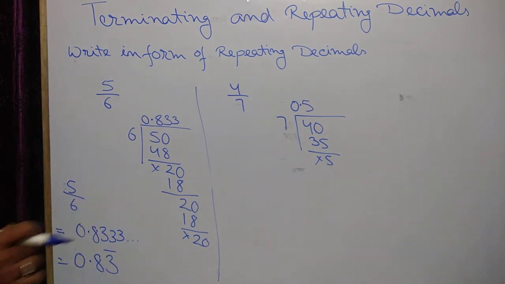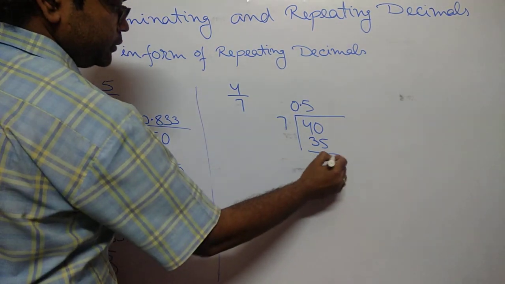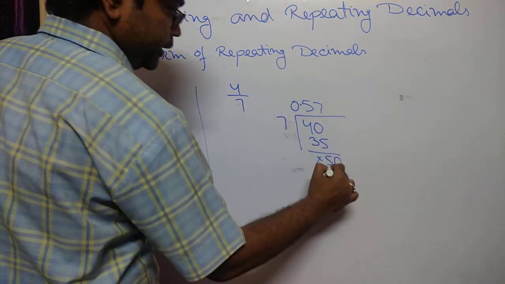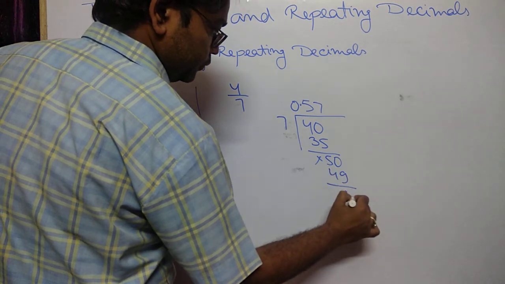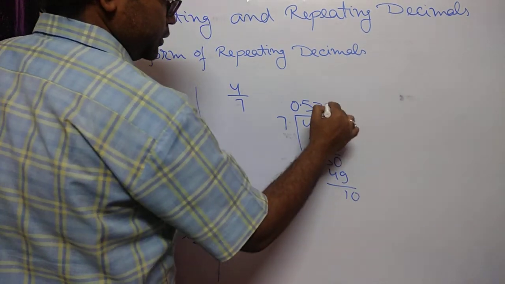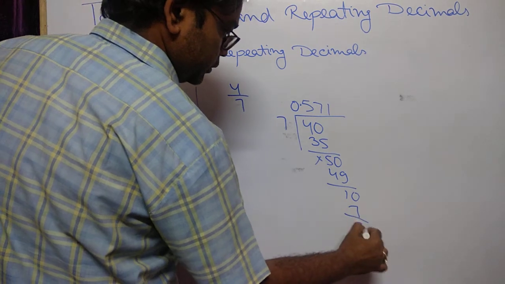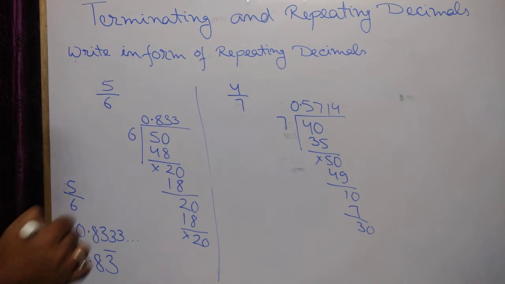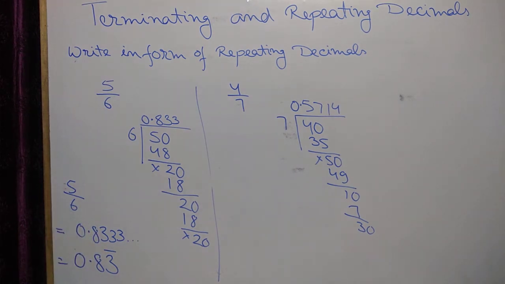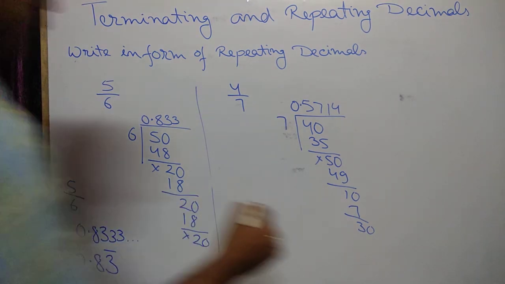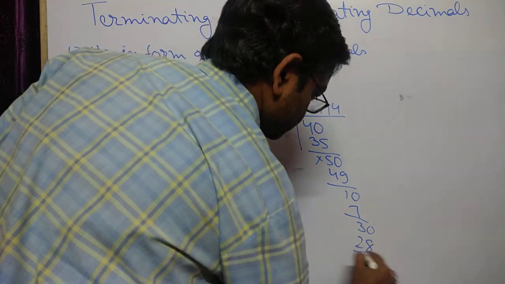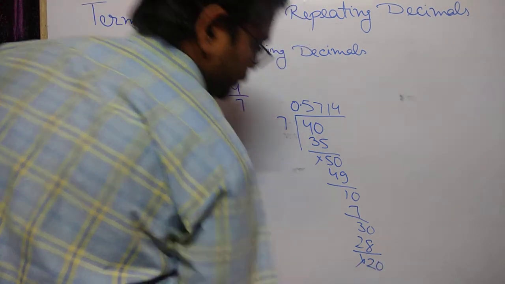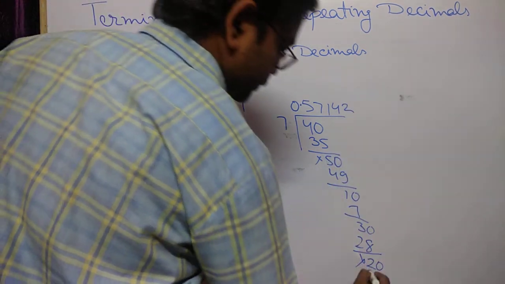Then again 0 we have, decimal is there. 7 7s are 49. 1 0, 7 1s are 7, 3 0. 7 4s are 28, 2. Again decimal we have, 7 2s are 14.